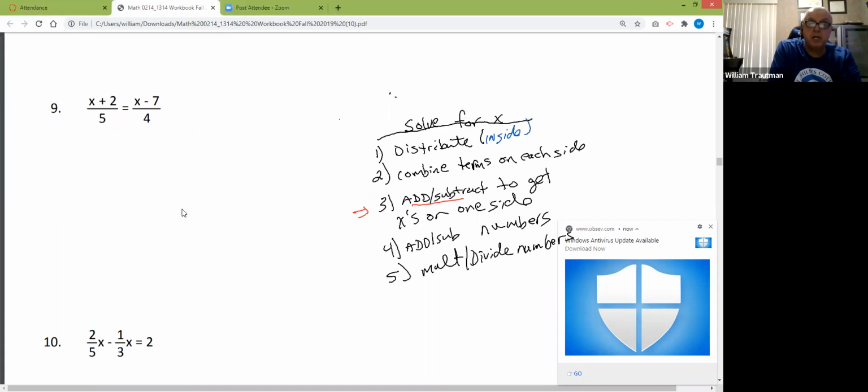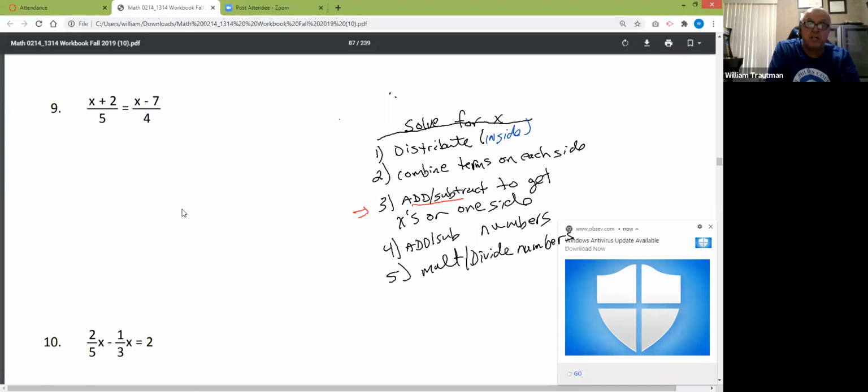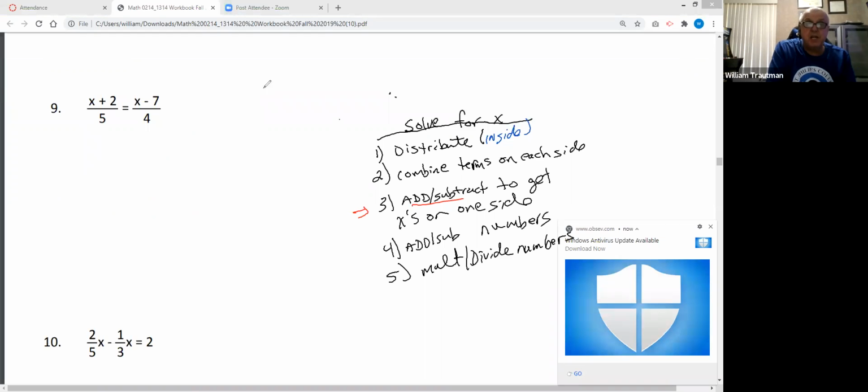All right. So because of the fractions, I'm going to treat this kind of like we did the quadratic formula. All the steps are the same, but if you have this 5 underneath the x and the 2 and this 4 underneath the x and the 7, remember when we did the quadratic formula, you can rewrite this and say x over 5 plus 2 over 5.